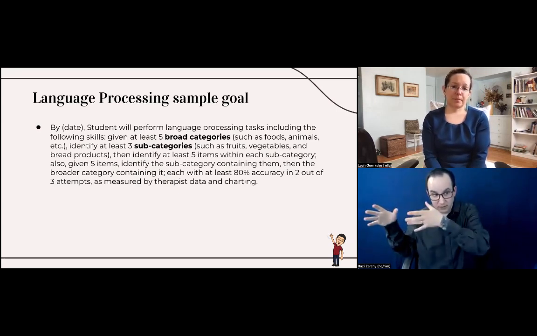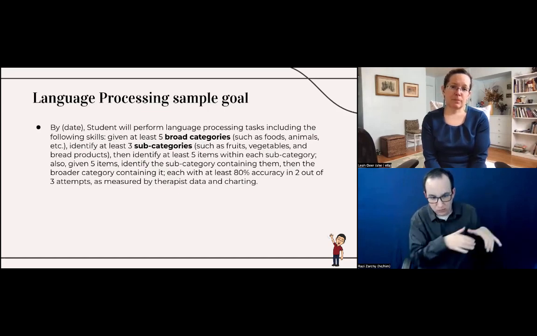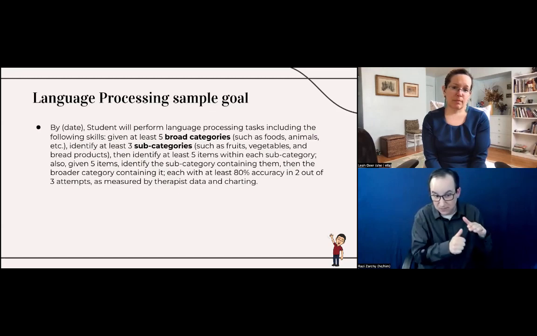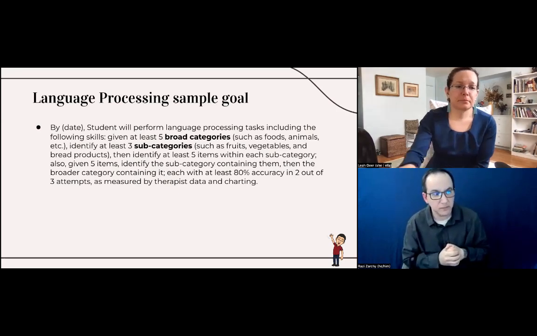And this is hitting more of the 5 broad categories, and then you can break those down into 3 subcategories. And then within those subcategories, you can come up with multiple things within those categories.